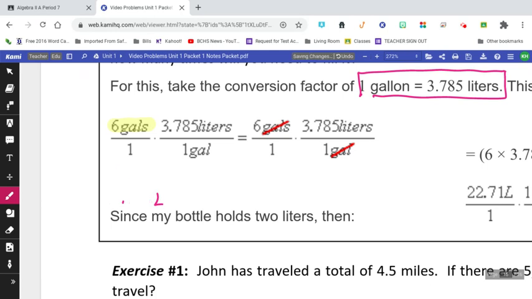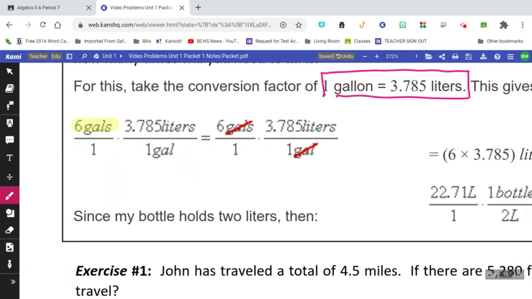It all depends where your words are, where your units are. So we have 6 gallons. Now this one right here isn't a unit. It's just there kind of as a placeholder. So since gallons are in the top of the fraction, when we do our conversion factor, gallons have to be in the bottom. Liters are in the top.